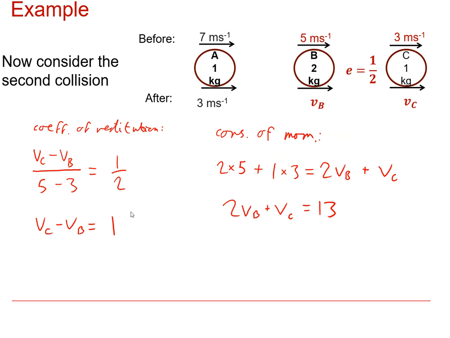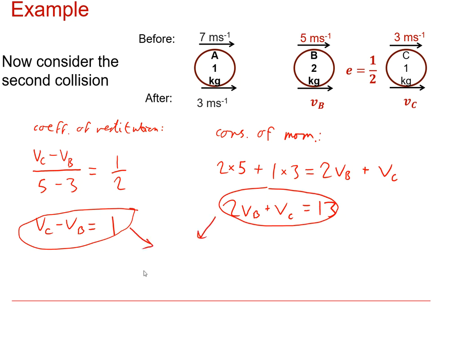And now if we solve these two equations simultaneously, we end up with the result that Vb equals 4 and Vc equals 5.